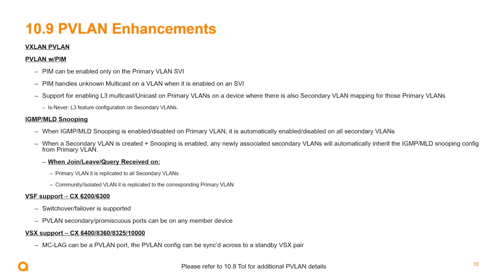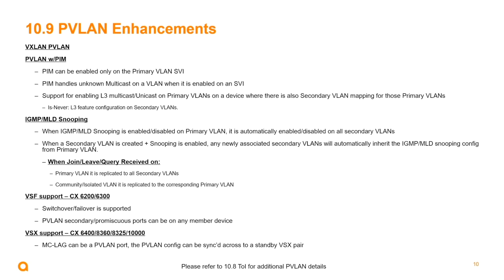With regards to IGMP snooping, this is enabled and disabled on the primary VLAN. Once it's enabled or disabled on the primary VLAN, it will automatically be enabled or disabled on any of the associated secondary VLANs. If we create a secondary VLAN and snooping is enabled, the new secondary VLAN is automatically going to inherit that IGMP snooping configuration from the primary VLAN it has been associated with.